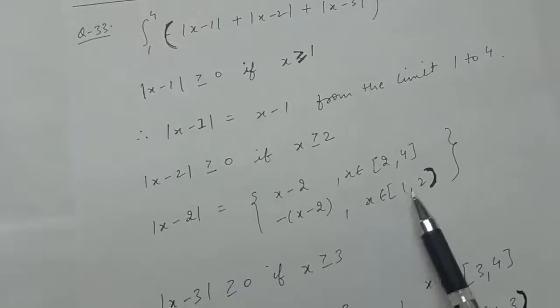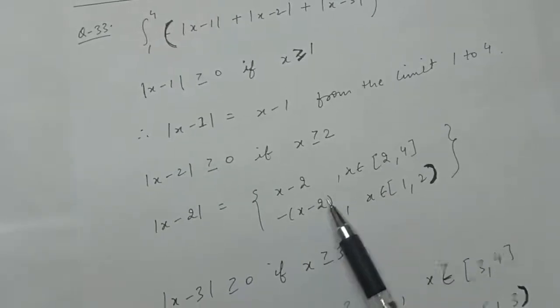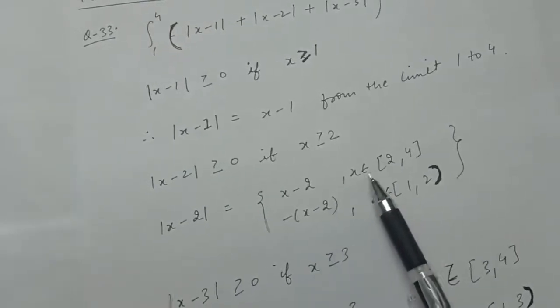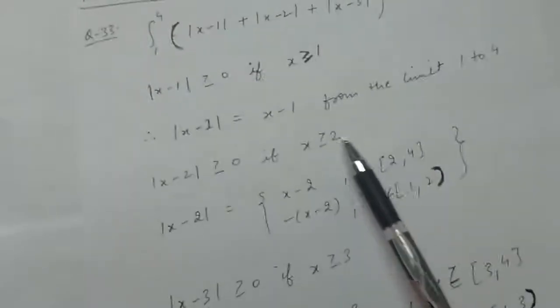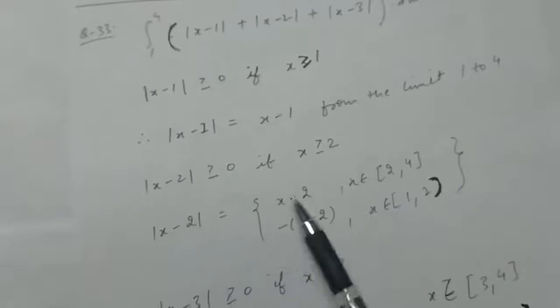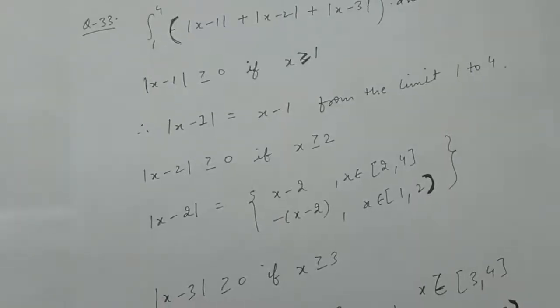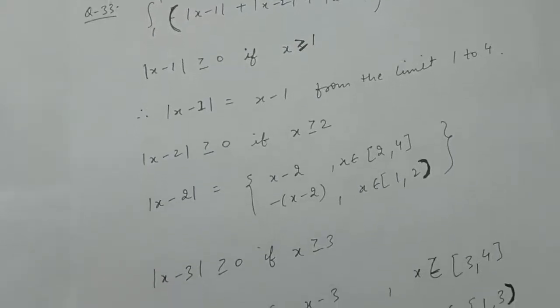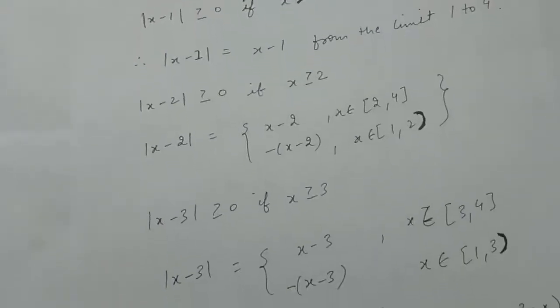In the interval 1 to 2, x minus 2 will be negative, and when x is equal to 2 and greater than 2, that is up to 4, modulus of x minus 2 is positive. So for x from 2 to 4, modulus of x minus 2 will be x minus 2.